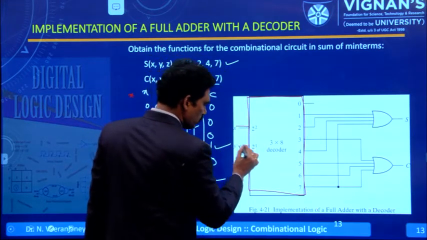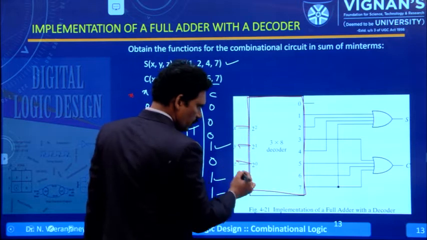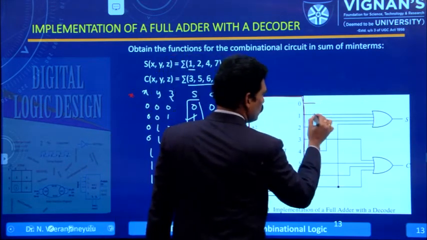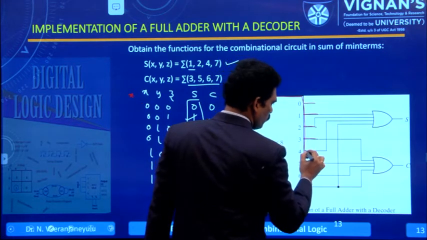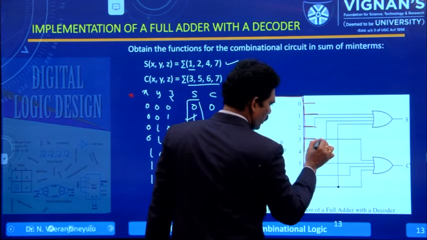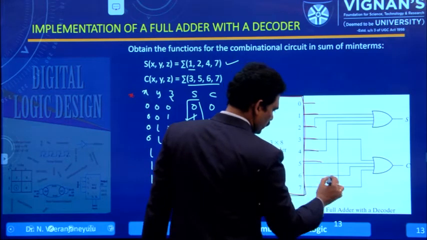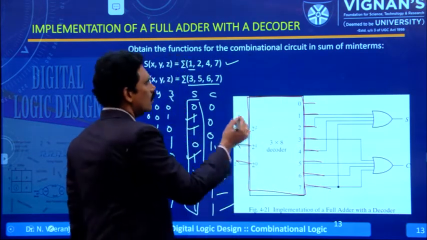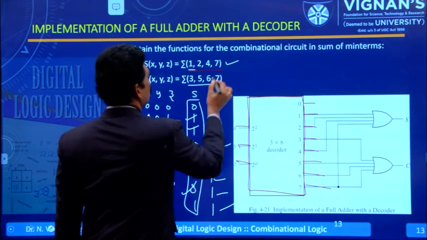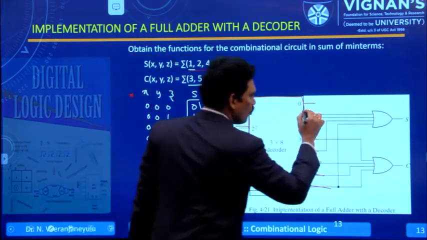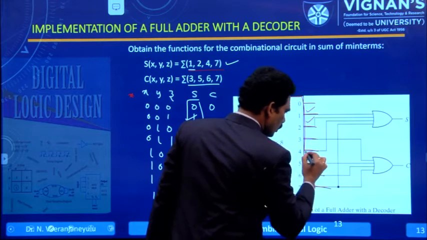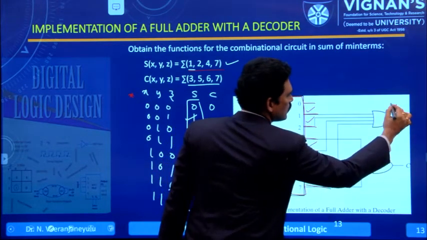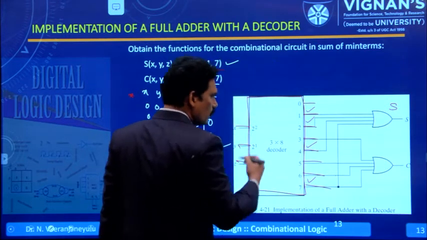How many inputs? X, Y, Z, 3 inputs. How many outputs? 0, 1, 2, 3, 4, 5, 6, 7, a total 3 to 8 line decoder. So the minterms 1, 2, 4 and 7 for S, these lines are connected to S. And what about carry?